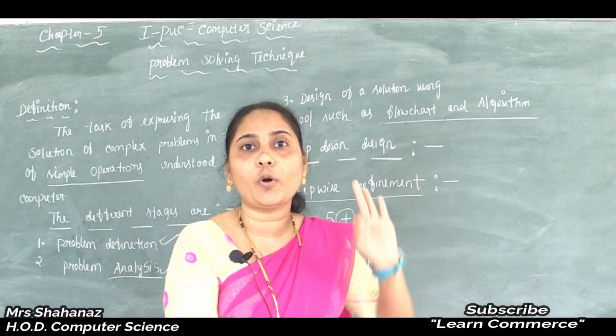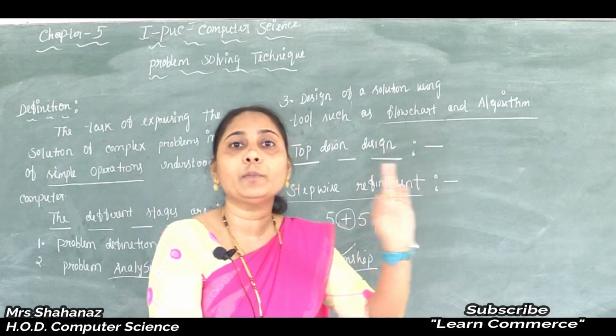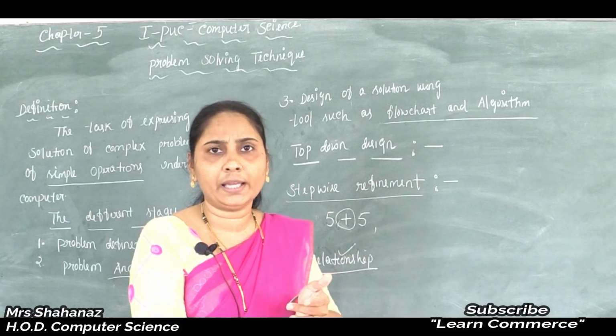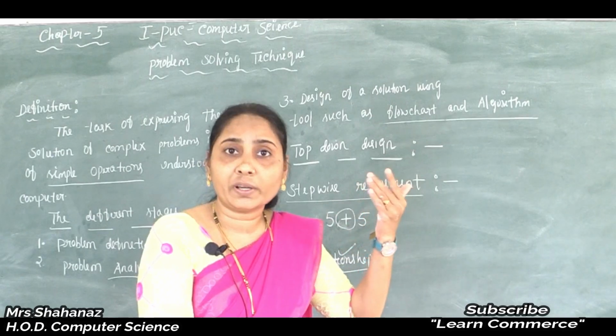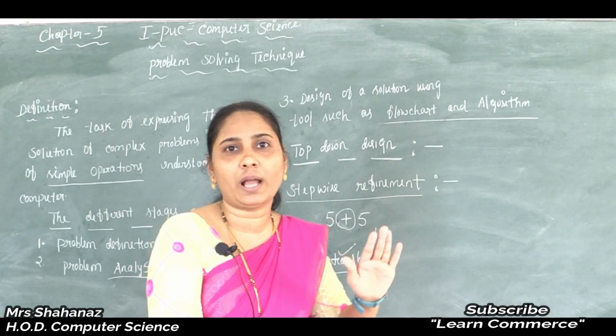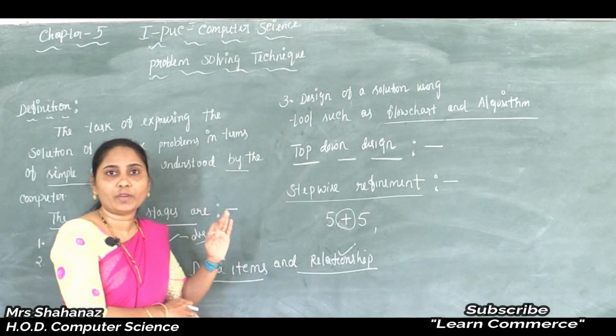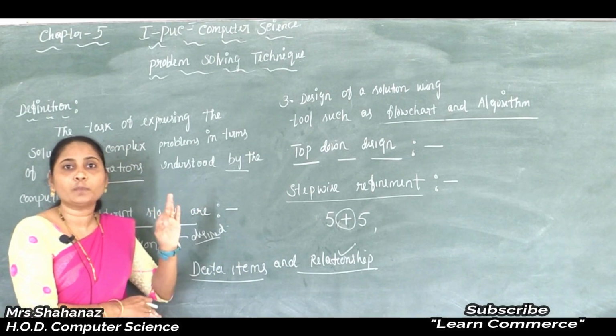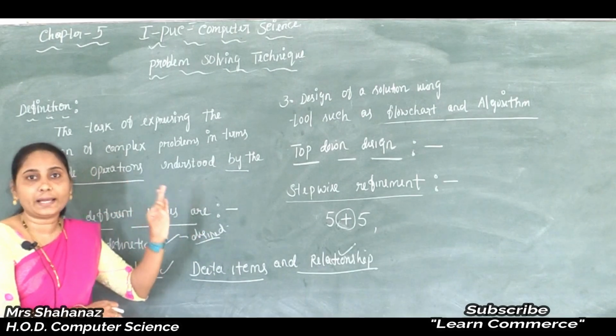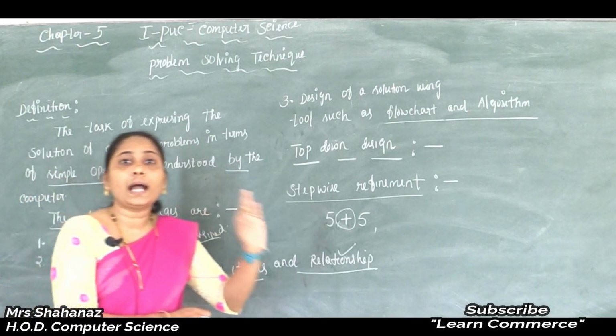And the third point is the time constraint. Maybe if you are taking any problem and you solve it after 1 month or 2 months, it is not called correct. Whatever the problem is, it should be solved in the correct time, that is called the time constraint.